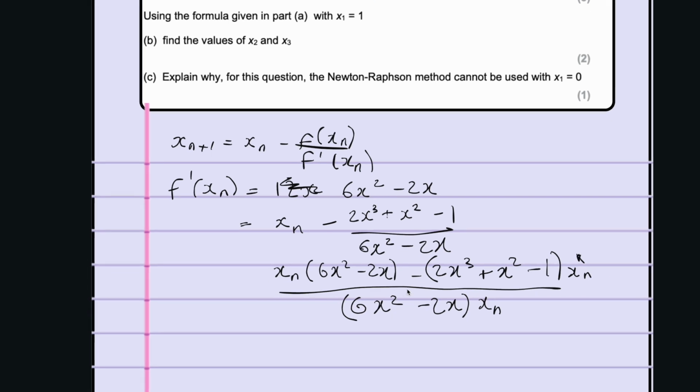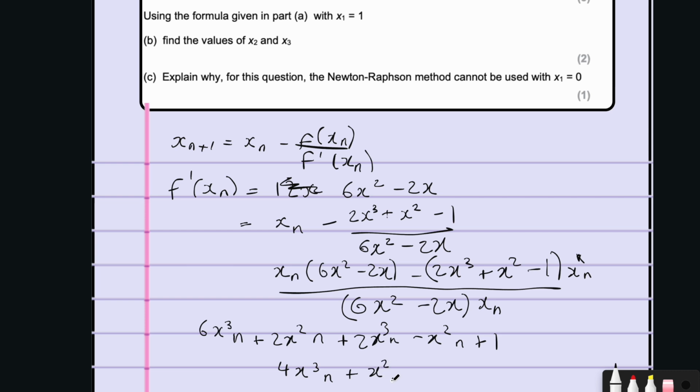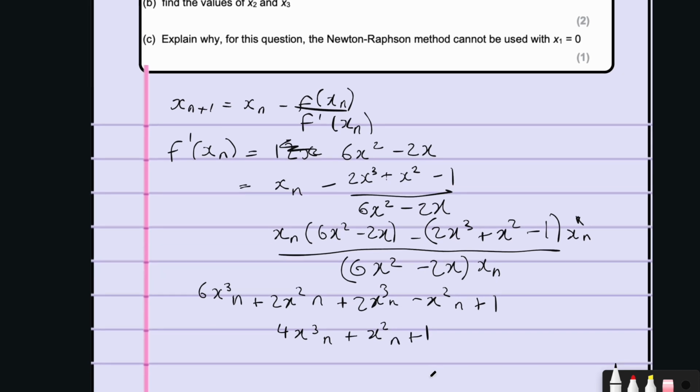Then when I expand it, I will get 6x cubed n plus 2x squared n minus 2x cubed n minus x squared n plus 1, which is 4x cubed n plus x squared n plus 1 over whatever this is, so 6x squared n plus 2xn. So that is what you are asked to show.